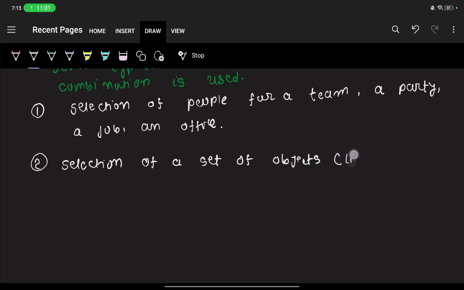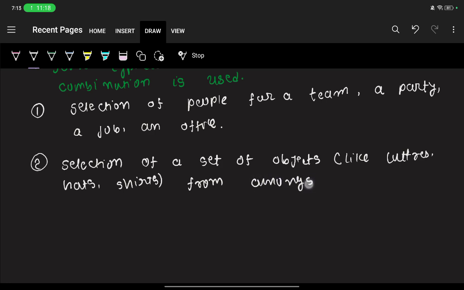like letters, hats, shirts from amongst another larger set available for selection.